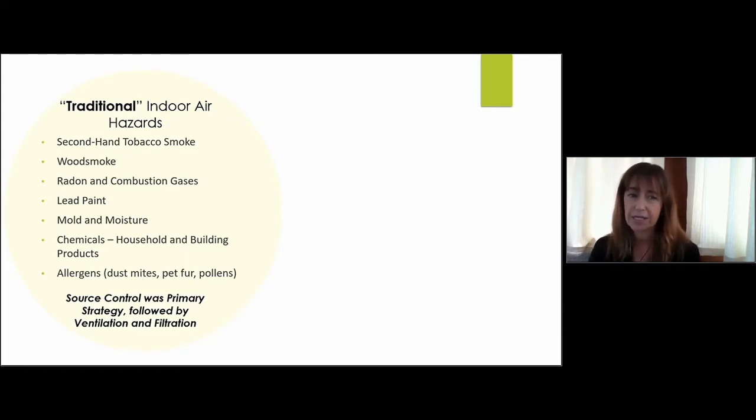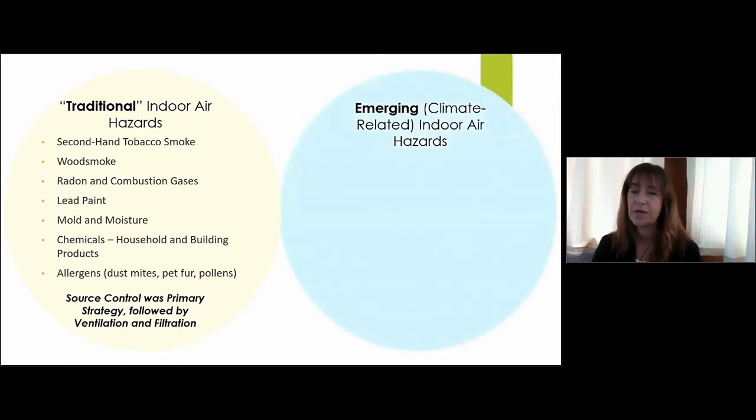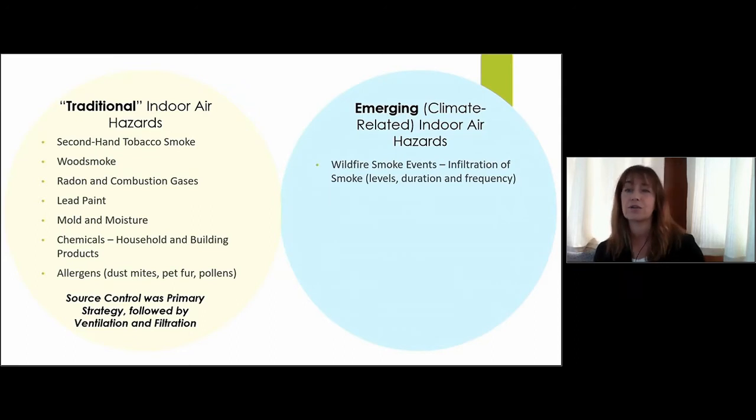But in most cases, we could address the sources themselves through how we built, designed, or did interventions. Now we have emerging indoor air hazards, which you might say are climate related. In most cases, they are. We have wildfire smoke events, which is changing from the standpoint of infiltration in our indoor structures, the levels of particulates, the duration, and the frequency that we have these events.